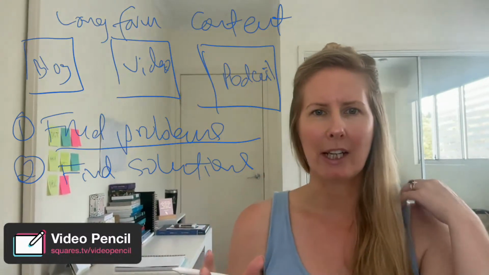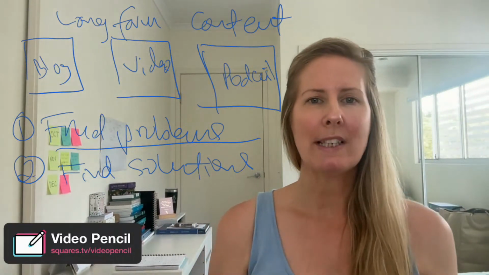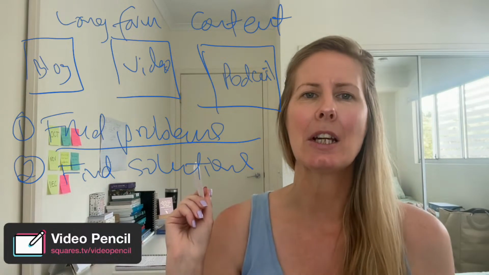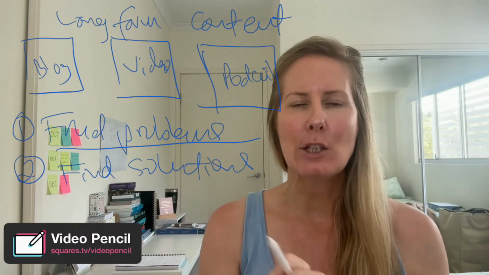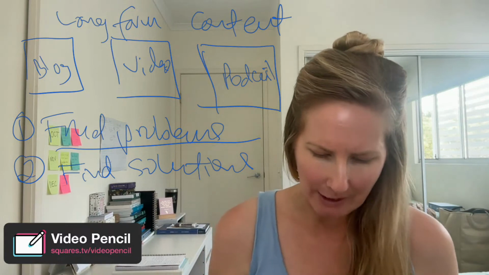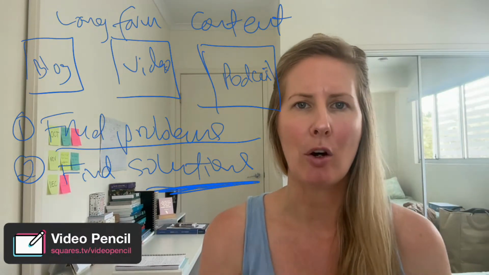Then let me just see if I can get myself so you can see my face a little bit better. Then once we know what those problems are, we want to then create discoverable content for one of those platforms based on answering that issue, right? That problem, and then coming up with the solution and highlighting that in that content.